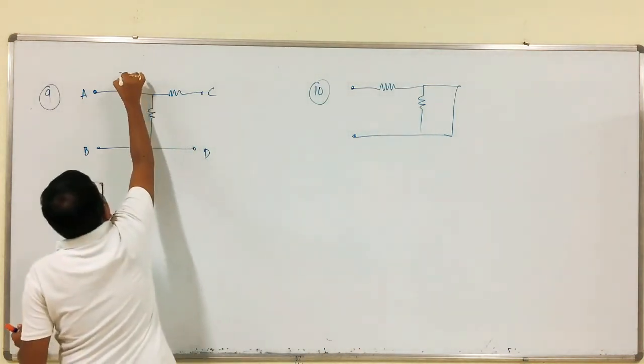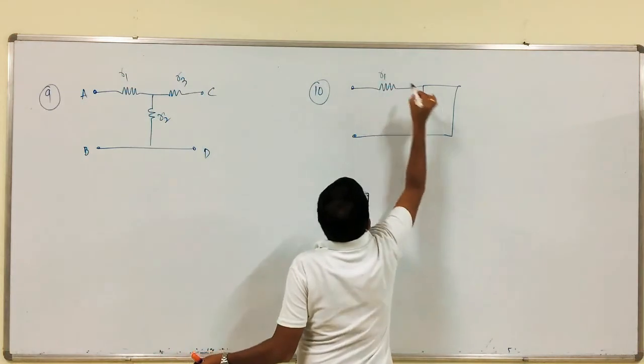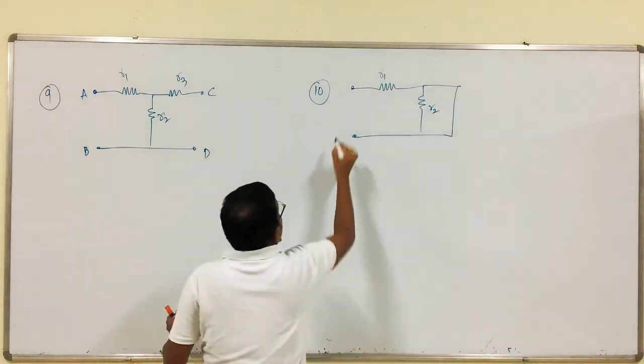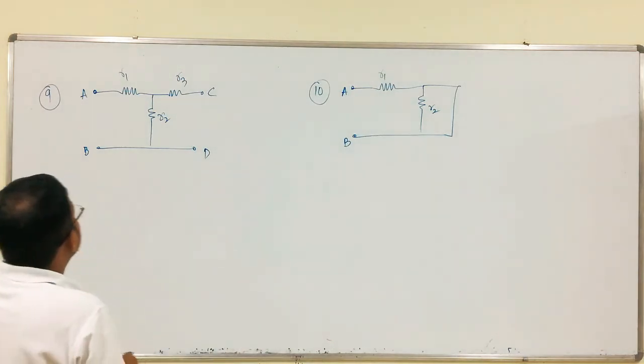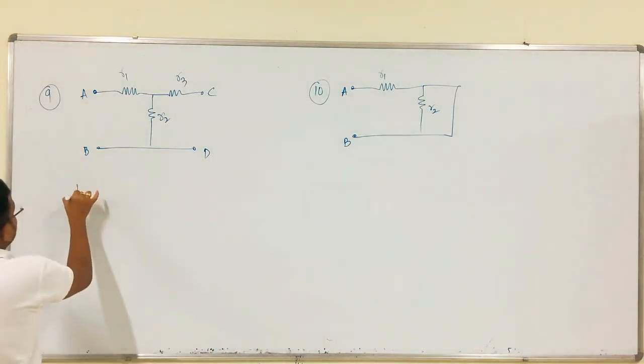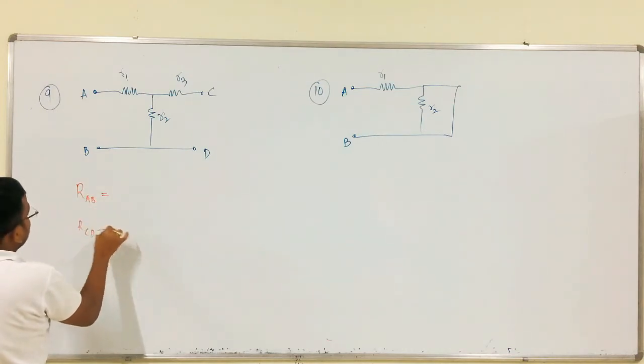This is R1, R2, R3, like that. This is R1, R2. This is A, this is B. Then tell me what is the value of RAB, what is the value of RCD.